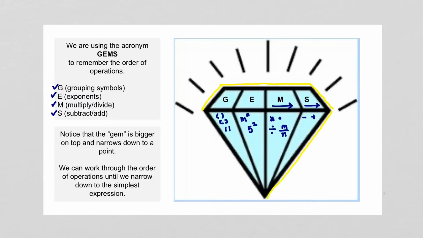It gets smaller at the bottom. And that kind of symbolizes also how when we work on simplifying using GEMS, the more complicated piece will be listed at the top, and each step we go through will bring it down to narrow to a more simplified answer at the bottom.